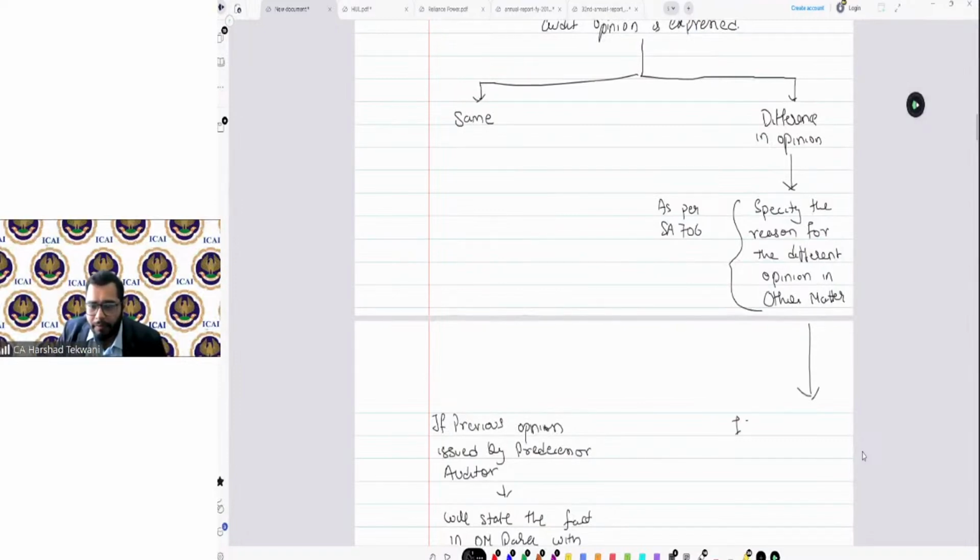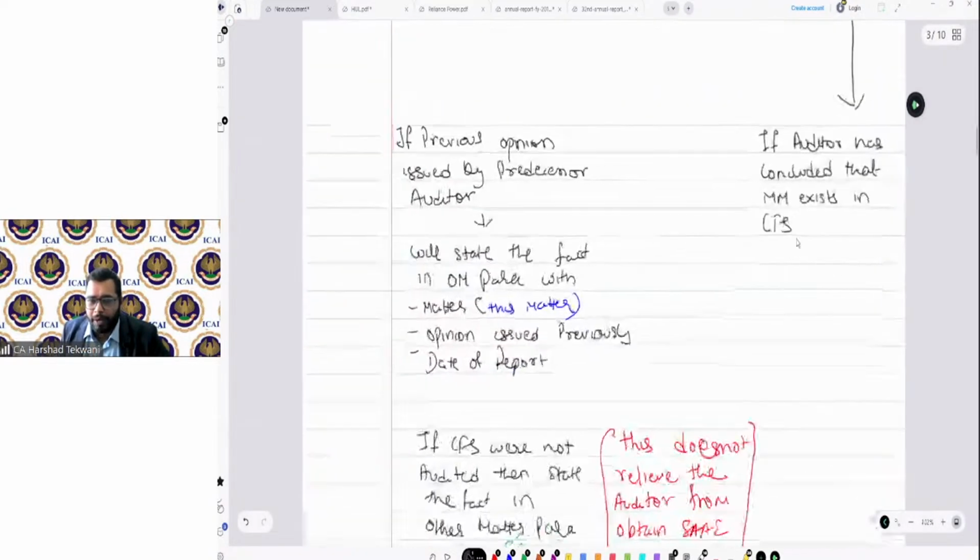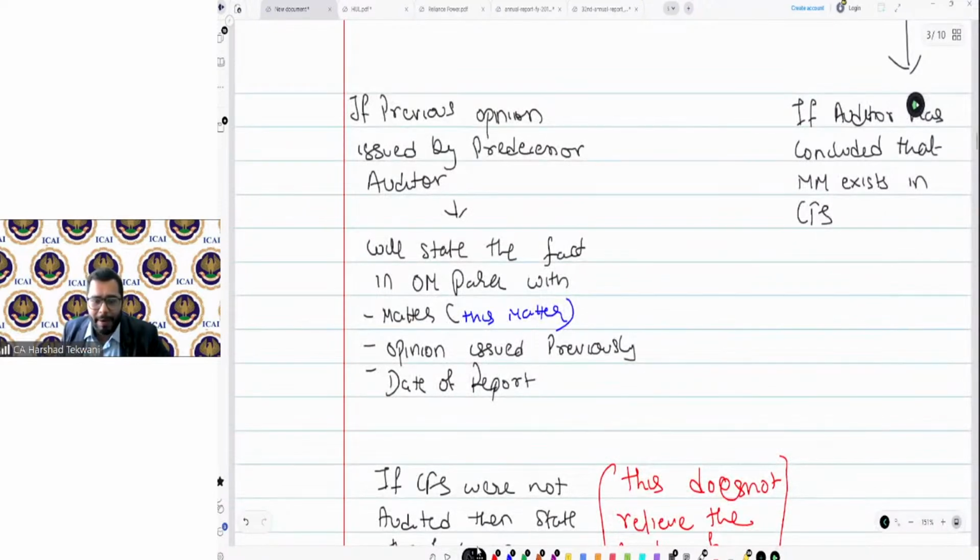So if auditor has concluded that material misstatement exists in comparative financial statement, and previously an unmodified opinion was issued.